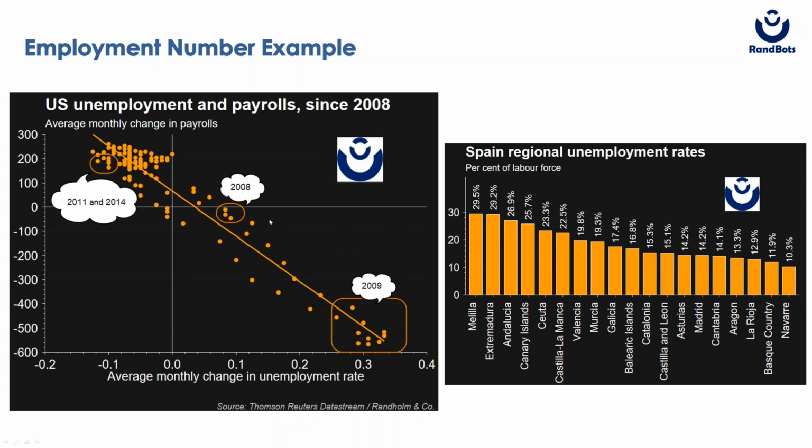So for example, here in this bubble, we have the US unemployment payrolls since 2008, and this is the monthly change in payrolls. These three dots were from 2008. About 80% of these dots here are from 2009. About 80% of these dots here were from 2011 and 2014.